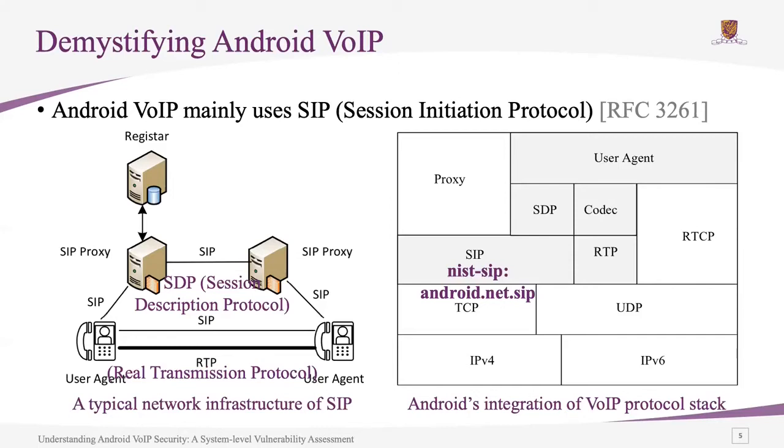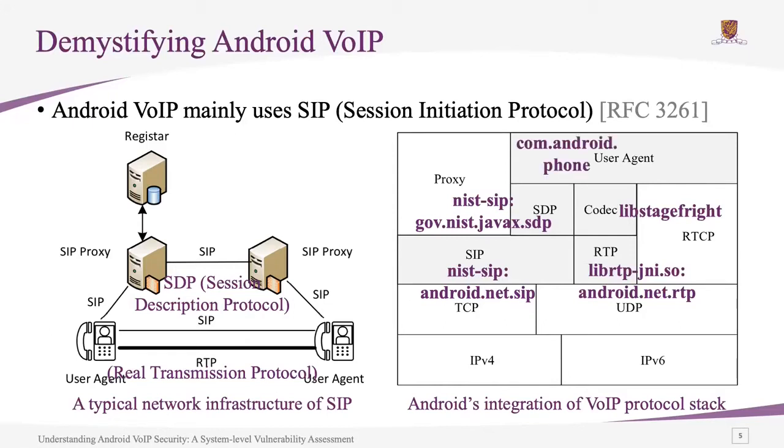The SDP protocol is also implemented by the NIST SIP library, while the RTP protocol is implemented in a native library called librtp_jni.so file. Android provides only a handful of codecs, and supporting these codecs relies on a library called libstagefright. Lastly, the user agent is mainly implemented in two system applications. One is the telephony application, another is the dialer application.